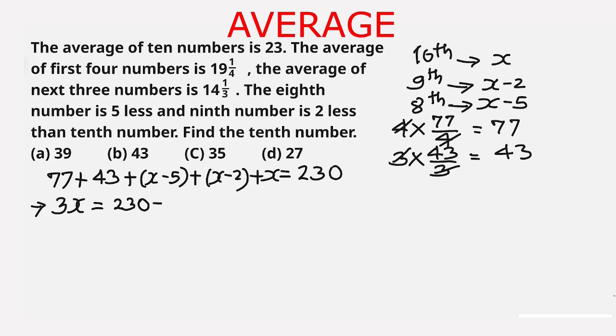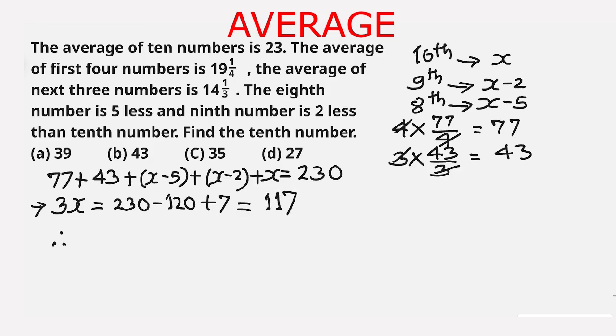So it will become minus 120. And we have minus 5 and minus 2, which is minus 7. That will be plus 7 when transferred to the right hand side. So this is equal to 230 minus 120 is 110, plus 7 is 117.